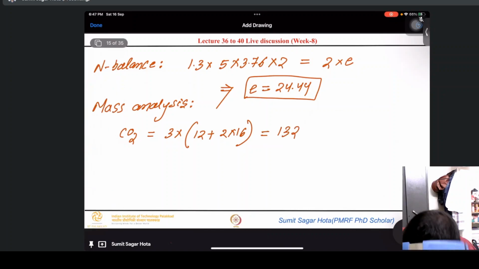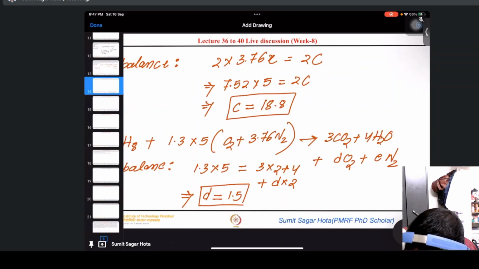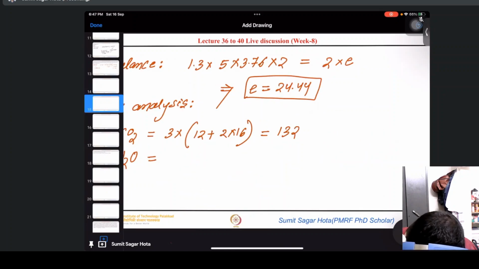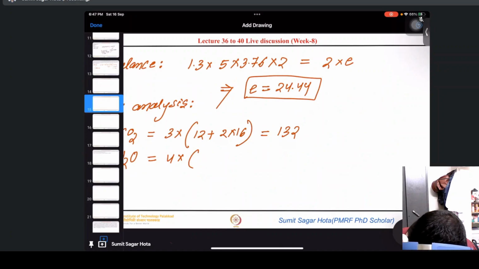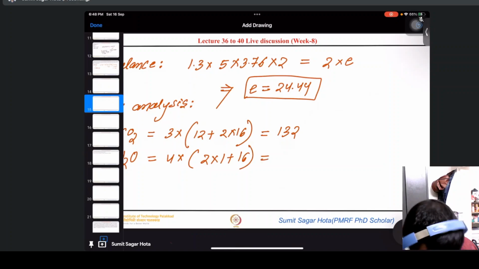Similarly H2O. What is the number of moles of H2O? 4. H is 1, O is 16, so 2 into 1 plus 16 is 18.